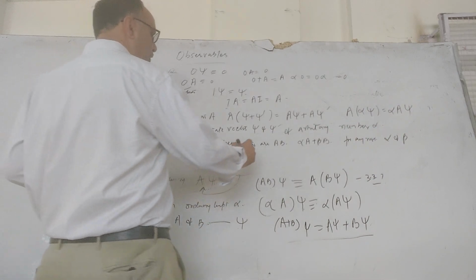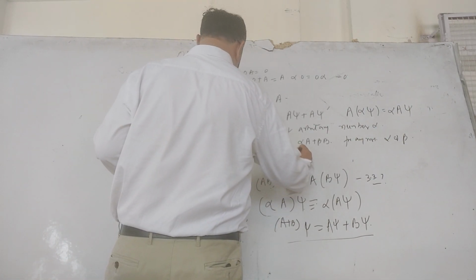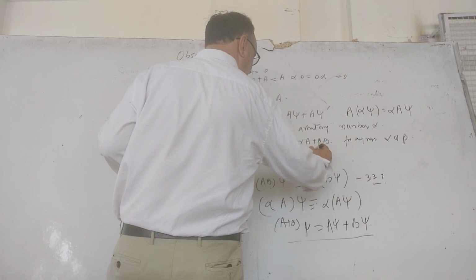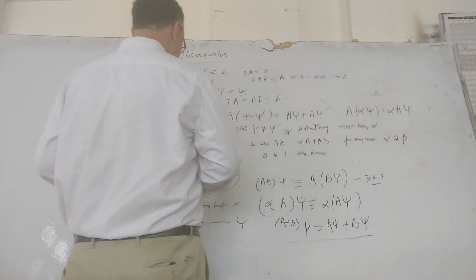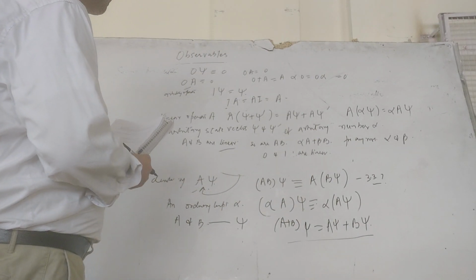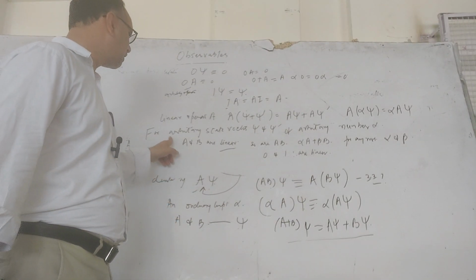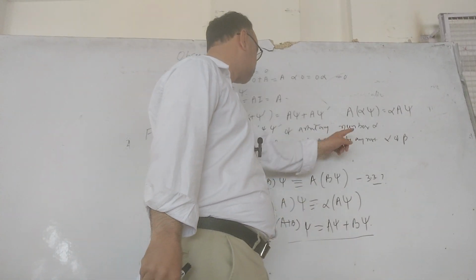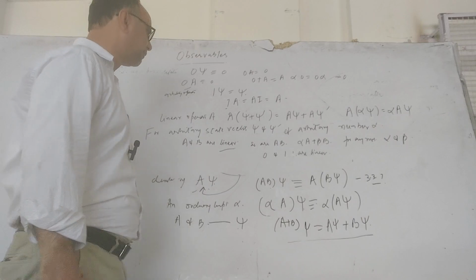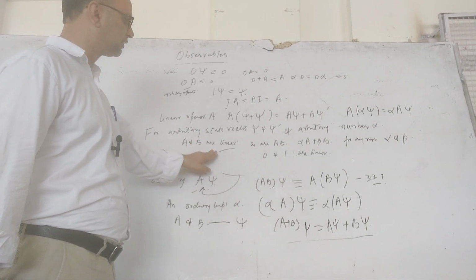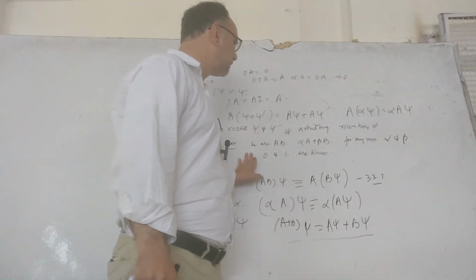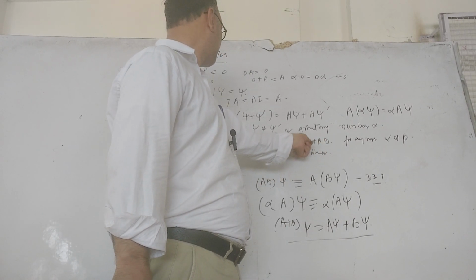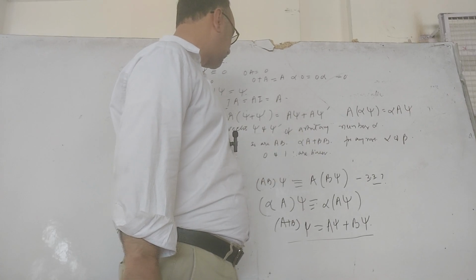Also 0 and 1 are both linear. So for arbitrary state vectors psi and psi prime and arbitrary numbers alpha and beta, if A and B are linear, so are the scalar multiples, so they can also be linear.